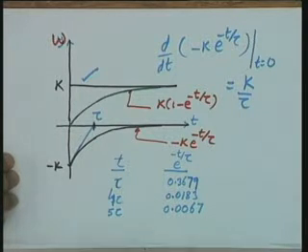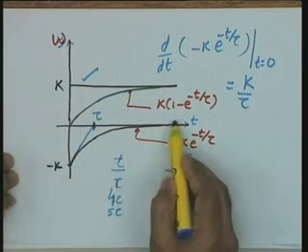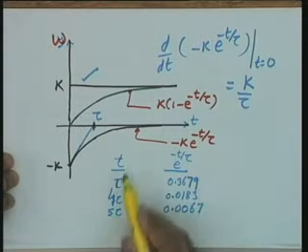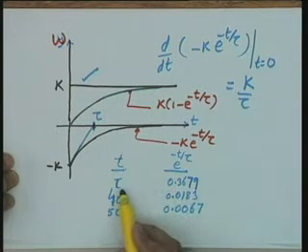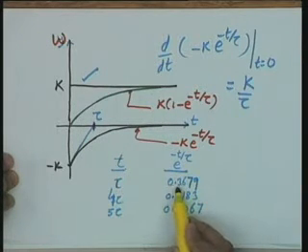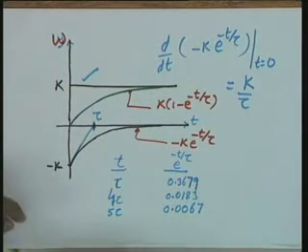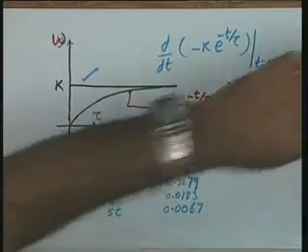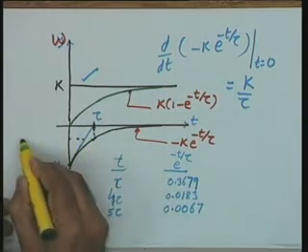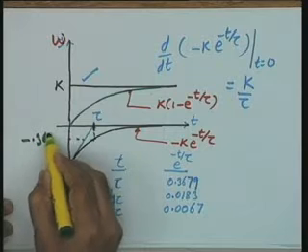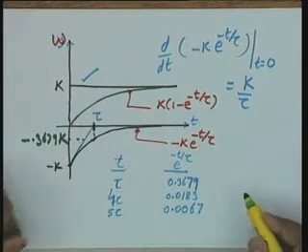Now, look at the actual value. Now, the slope is not constant, it is changing. Look at the actual value. At t is equal to tau, the actual value is 0.3679. In that particular case, I can say that the actual value at this particular point is minus 0.3679 k. This is the actual value.